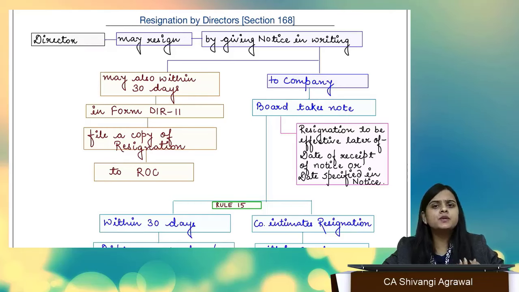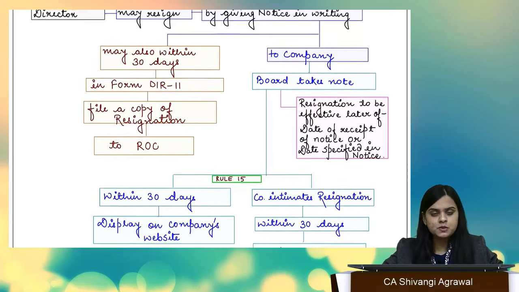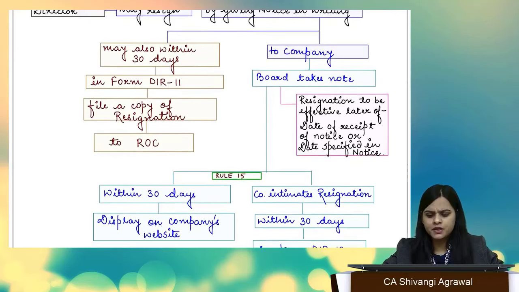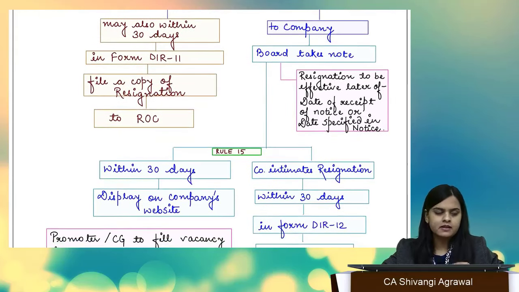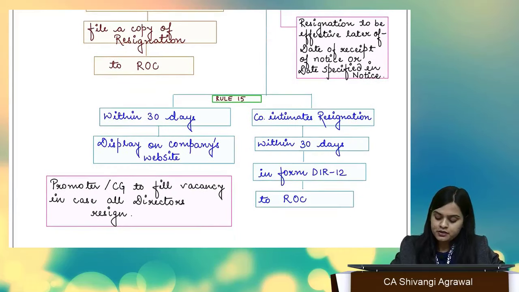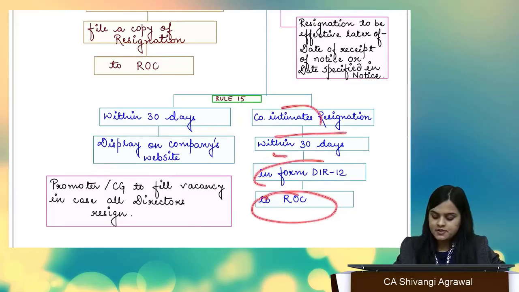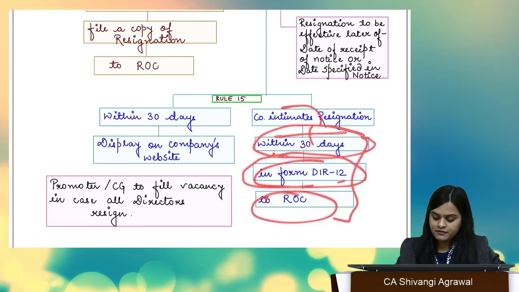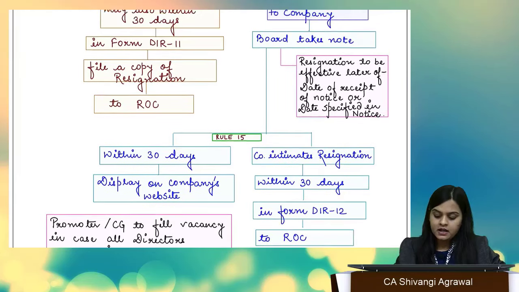If he or she wants to leave the company, he or she may leave the company. What they have to do is, they just have to give a notice in writing to the company, right? It is the company's duty to further inform ROC that their director has resigned. So there is a form DIR 12, within 30 days of receiving that resignation, you have to inform ROC.